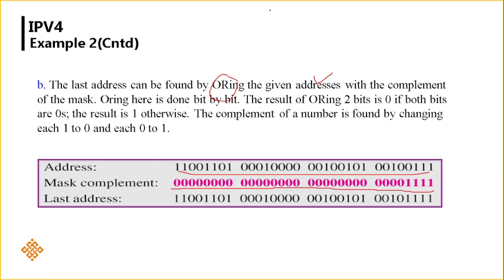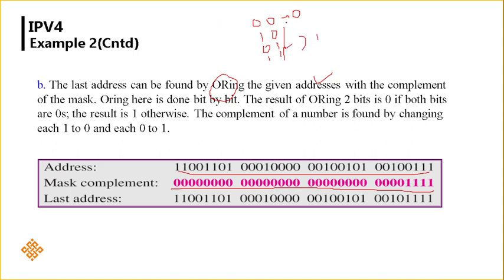In the ORing operation, what happens? If one of the bits is 1, the result is 1. If it is either 0 1, 1 0 or 1 1, the result is 1.